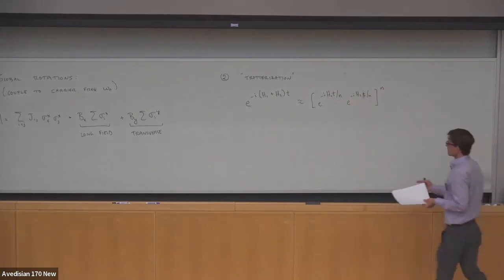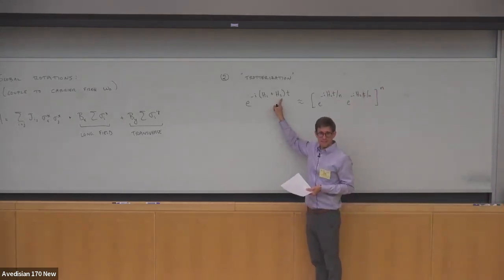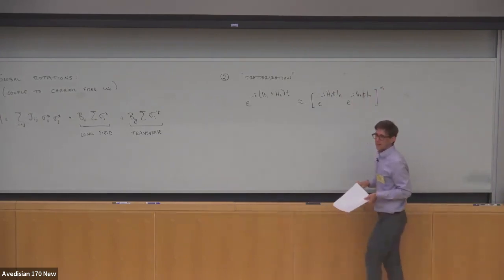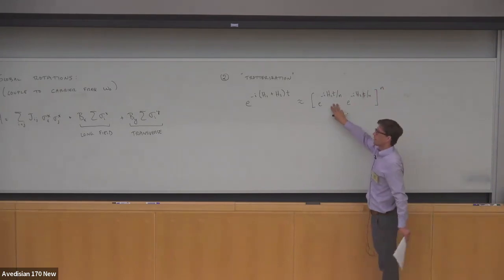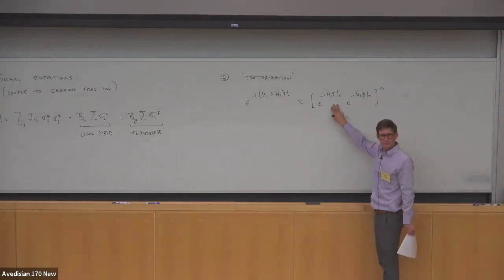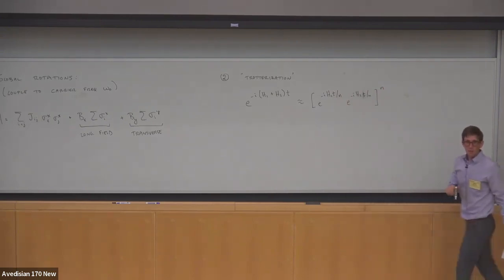Okay, in other words, if I have some overall Hamiltonian which has two pieces in it, I can build that Hamiltonian's time evolution approximately by running the first piece just for a little bit, then the second piece just for a little bit, and then cycling that over and over and over and over.